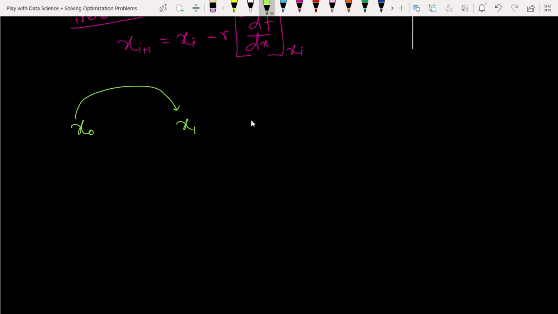Then from x1 to x2 we are using a smaller step than the previous, then smaller again from x2 to x3 and x3 to x4. Suppose we take xk plus 1, we are jumping from xk to here.